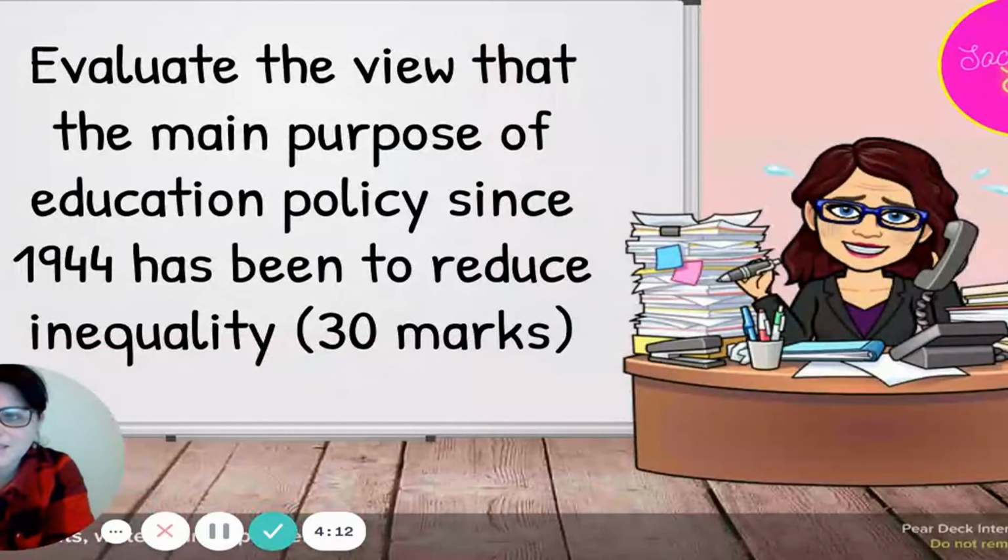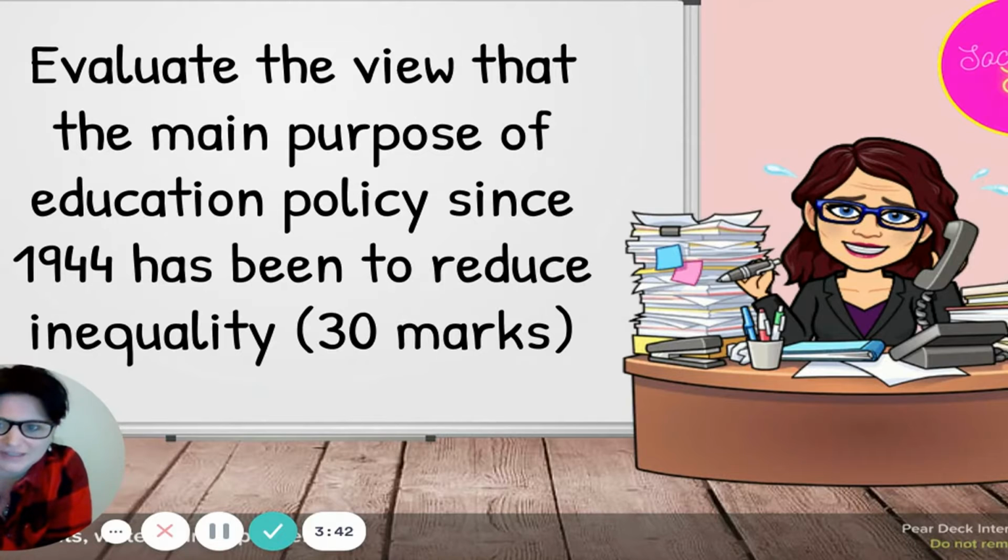Okay. So what it's helpful to do is have in your mind this particular 30-mark question as your background thinking piece that's happening whilst you're learning everything about marketisation. The idea is that you want to be able to evaluate the view that the purpose of education policy since 1944, so including everything we're going to look at, has been to reduce inequality.